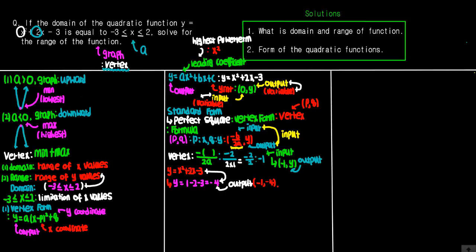So we can actually think about what the graph is going to look like. First of all, let's think about what type of graph it will be. The graph will go upward, as we can see that our leading coefficient is a positive value, positive 1. So the vertex of our quadratic function, negative 1, comma, negative 4, is going to be a minimum point.